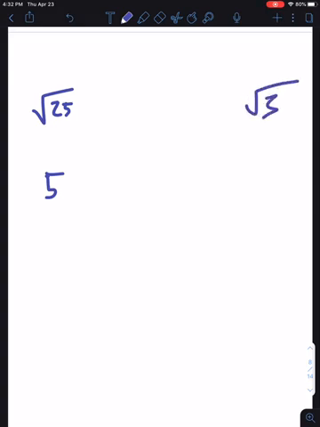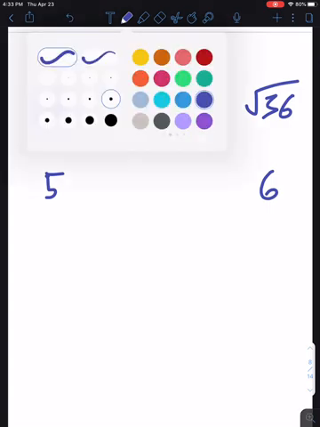So let's think about this. All right, I know that the square root of 25 is equal to 5, and the square root of 36 is equal to 6. So if I was to say, what's the square root of 29? Let me get a different color for this.